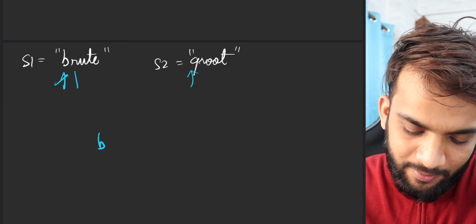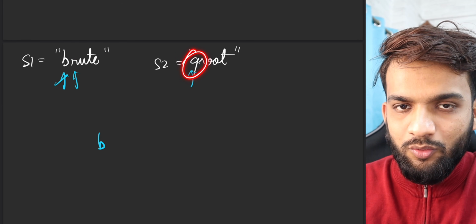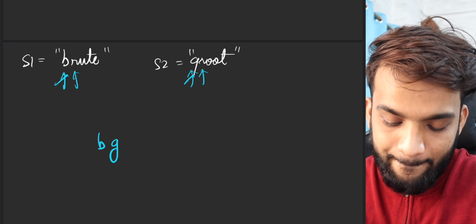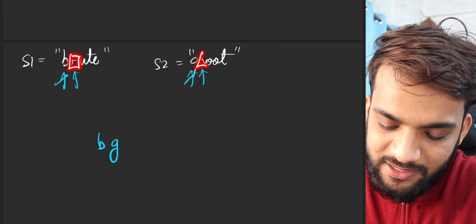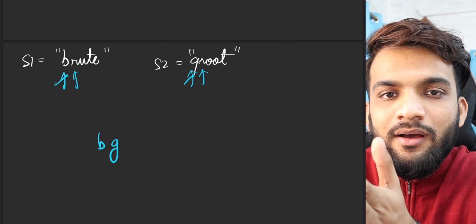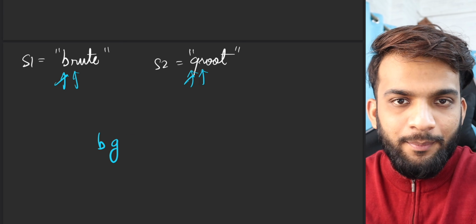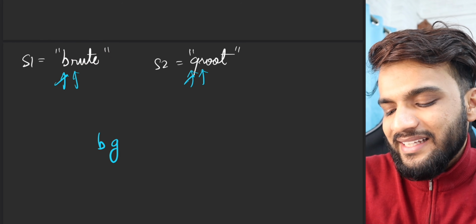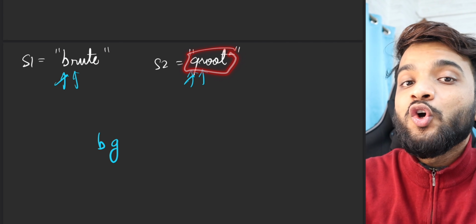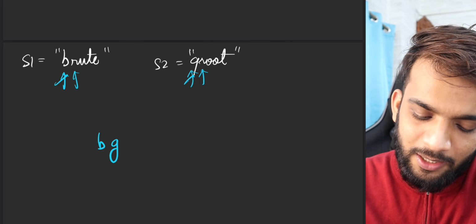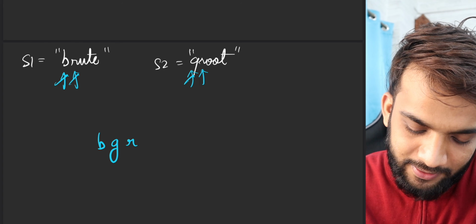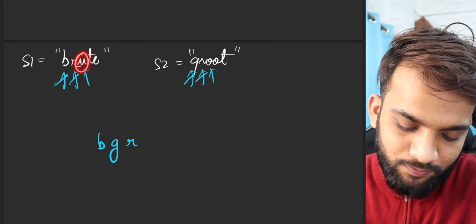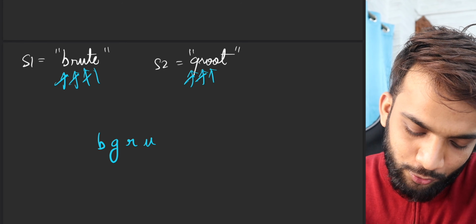Perfect, and then I move to R. And if I need G, why can't I take G? Perfect, and then I move to R. But when I'm standing at an R and at an R, I can take a single R, because that single R will suffice for brute and also for groot. I can. So I'll take a single R and move both pointers ahead. Then let's take U and move to T.